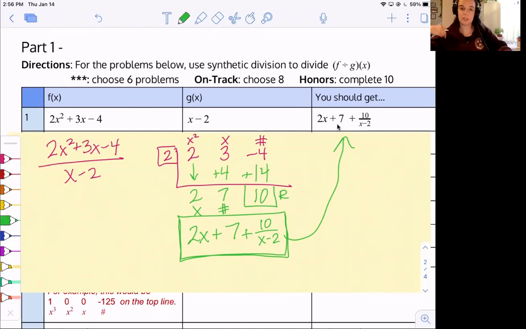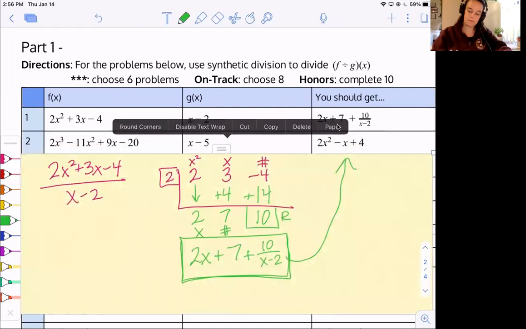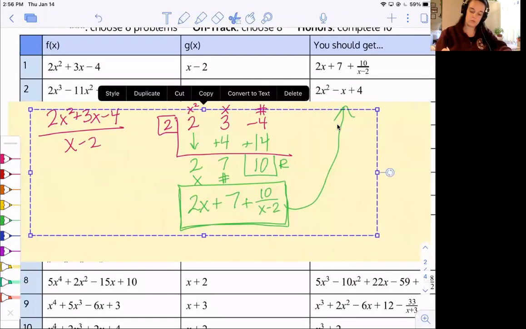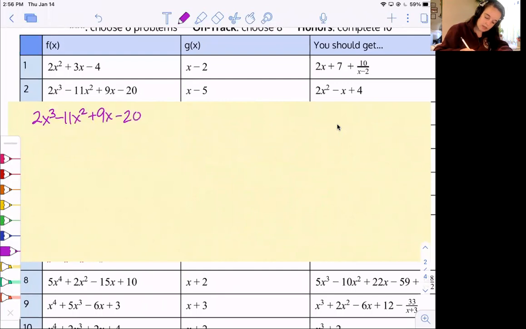All right. Do we have any questions after doing number 1? All right. Let's do number 2. We have 2x to the third minus 11x squared plus 9x minus 20, over x minus 5.